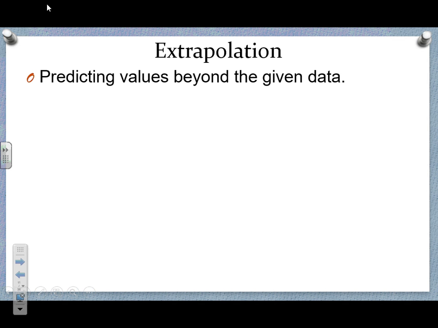Now, the next thing I want to talk about, this is the last thing here. We have this idea of what we call extrapolation. Now, the main goal of creating a regression model is to use that equation to predict values. However, those predictions are only accurate within the scope of the data we're looking at. Extrapolation is something that occurs when we start trying to predict things beyond our given data.